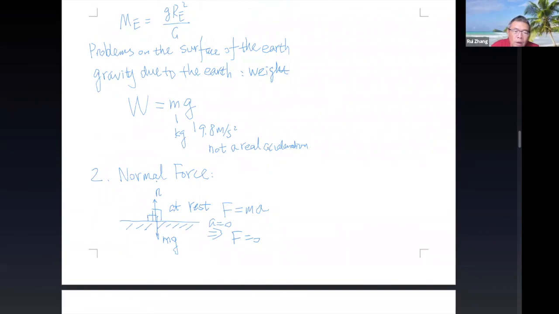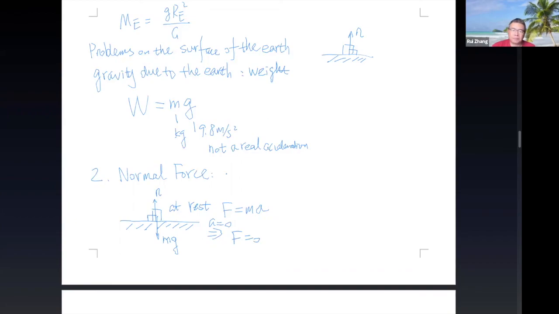The word normal in mathematics means perpendicular. So whenever you have a contact to a surface, you could have this force, coming from the surface and perpendicular to the surface. We do not know the magnitude of normal force before we solve the problem.